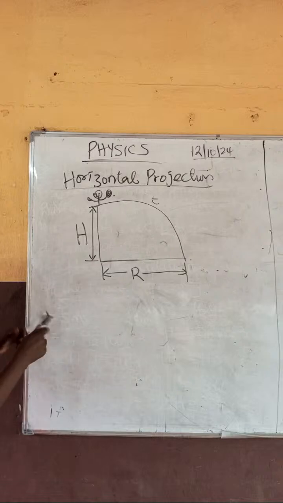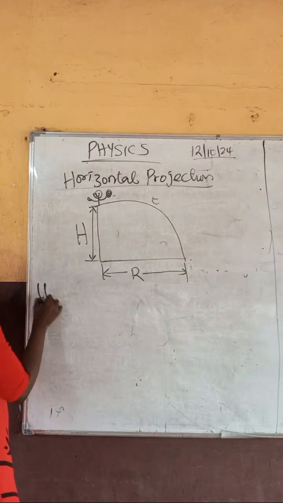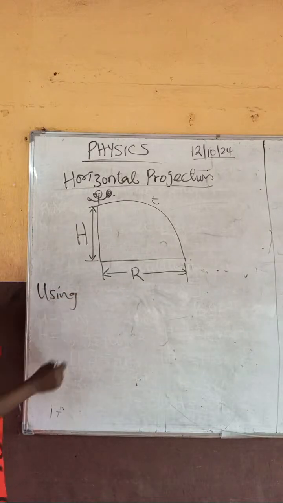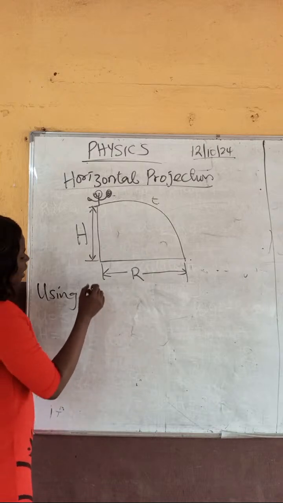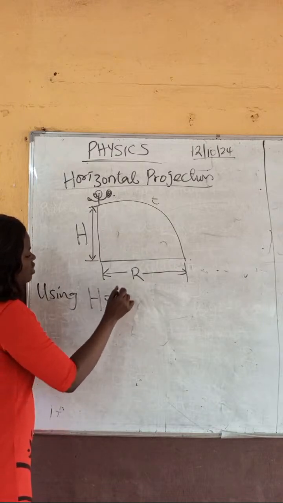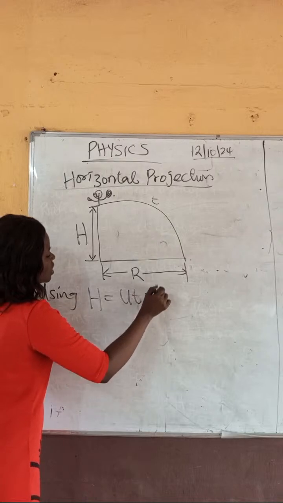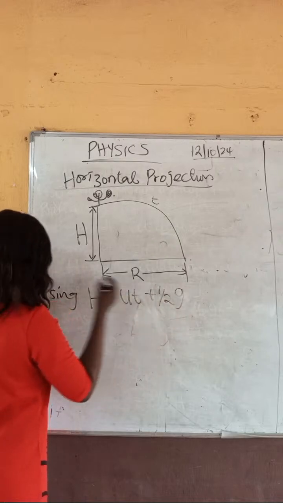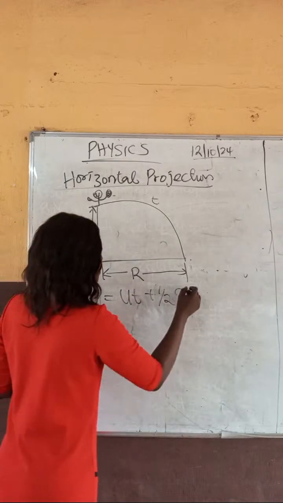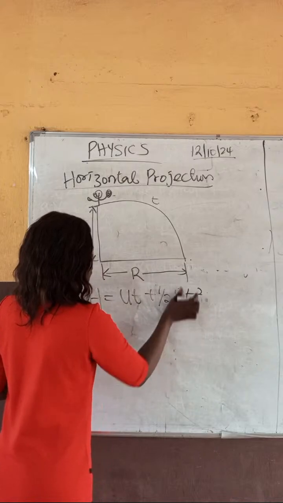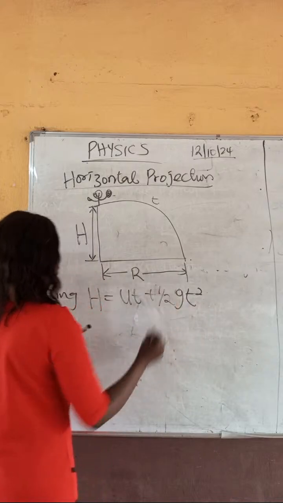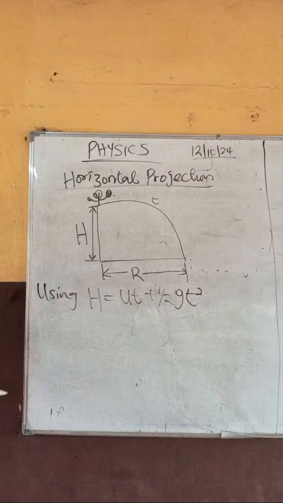Now, I said that we are going to use the equation of motion under gravity, that is h equals ut plus half gt squared.